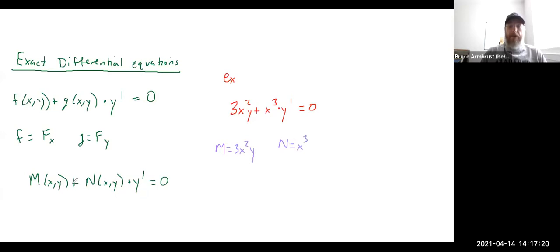We're using this notation. But here's our big F of x y, the thing whose derivative with respect to x is 3x squared y, and whose derivative with respect to y is x cubed. It's going to be x cubed y.